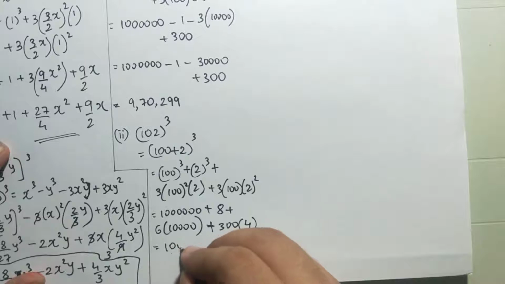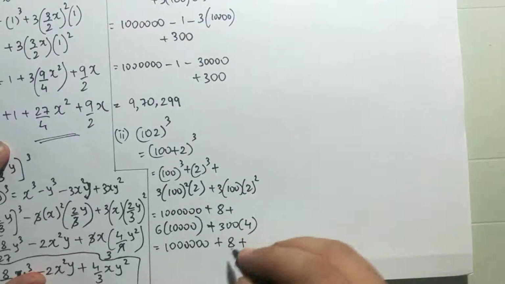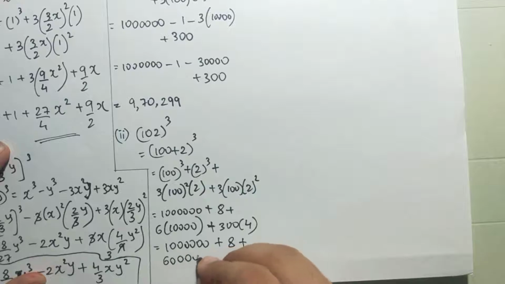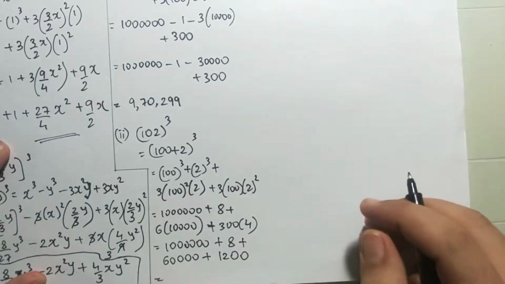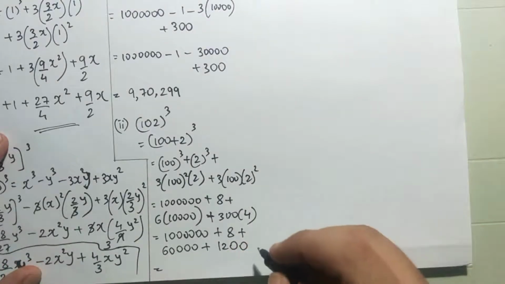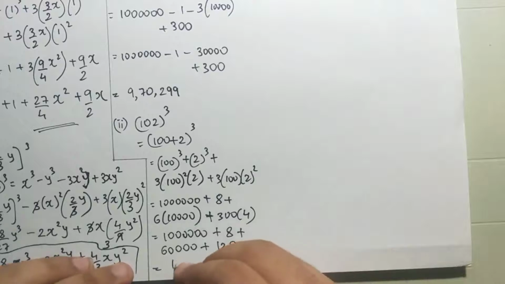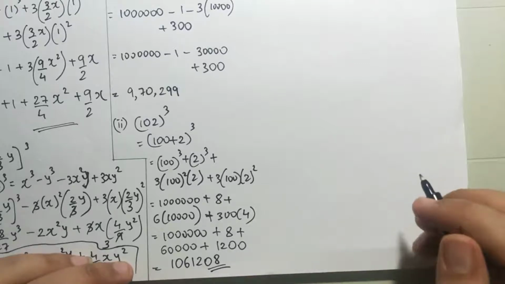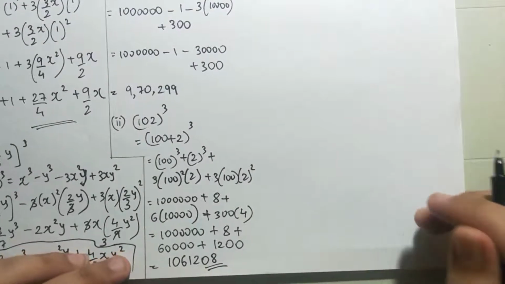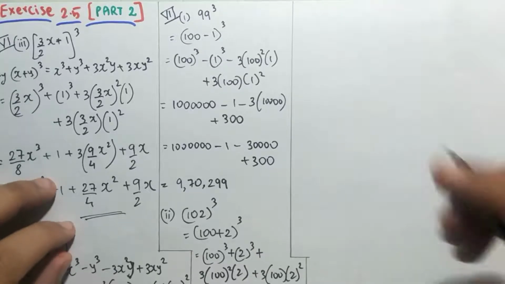This will be 10 lakhs plus 8 plus 60,000 plus 1200. So the answer is 1061208. Let us proceed towards the 8th sum.